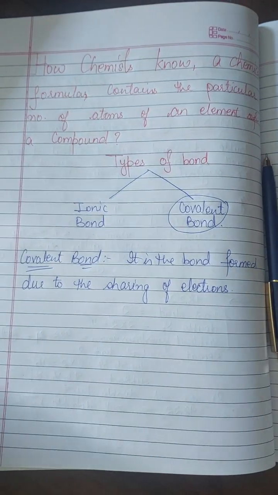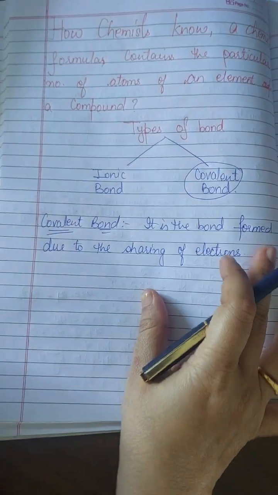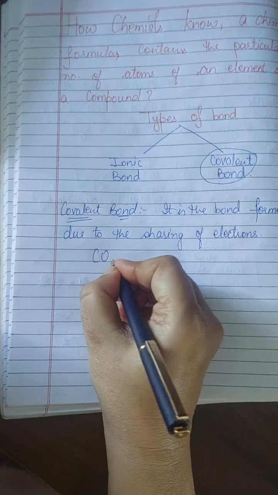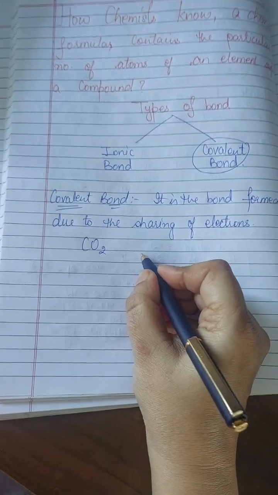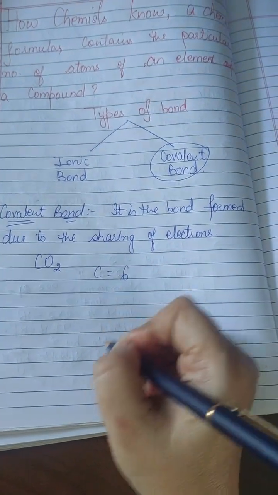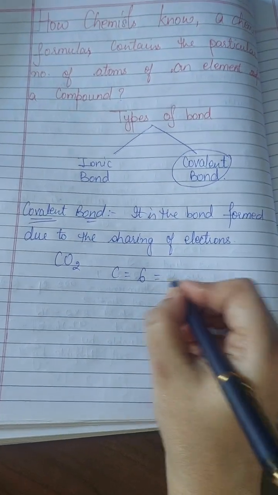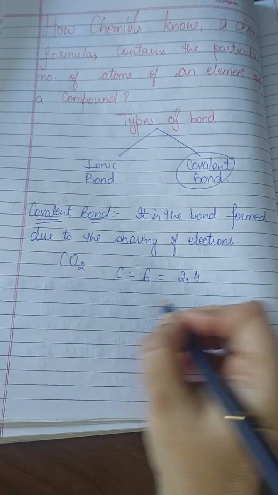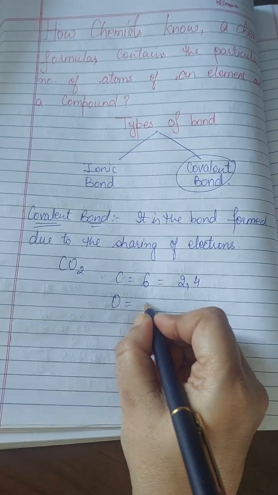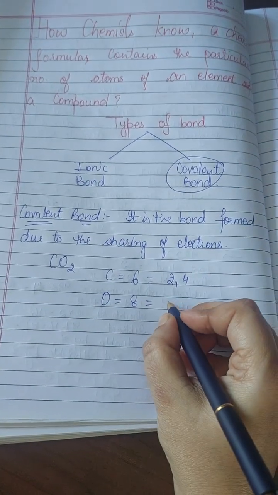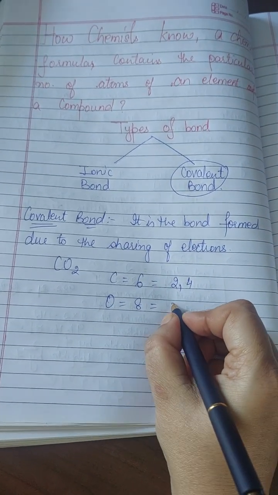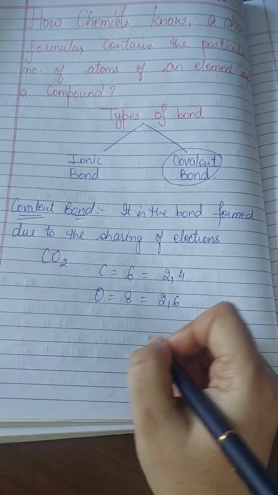Let's see the diagrammatic representation of covalent bond. Let's take an example of carbon dioxide. We know carbon has atomic number 6, so its electronic configuration is 2,4. Oxygen has atomic number 8, so its electronic configuration is 2,6.